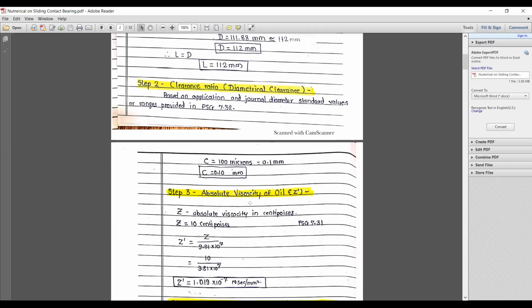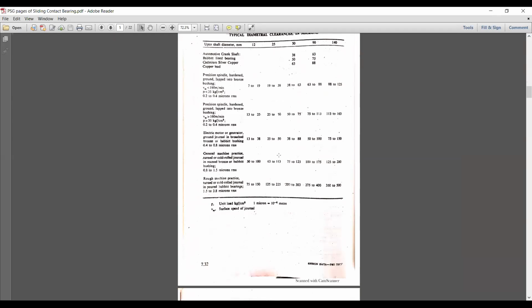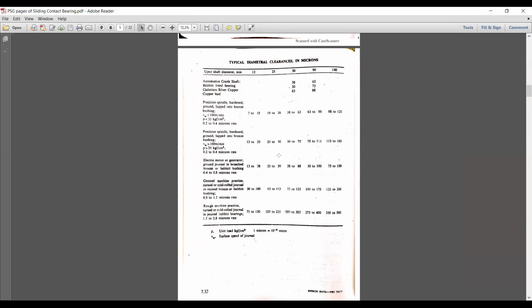Now next step, we need to calculate the diametric clearance, or you can say clearance ratio. Rather than the ratio, I use diametrical clearance. How can we get it? Just go to the PSG, page number 7.32, where various values based on the diameter are given.